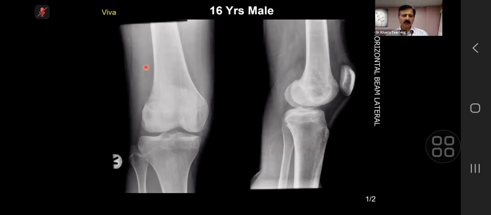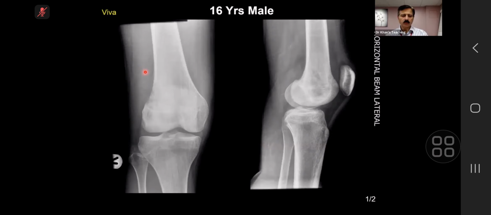What's happening here? So there's some lifting of the periosteum with a subtle new bone formation at the superior aspect, in keeping with a Codman triangle-like periosteal reaction. Yeah.